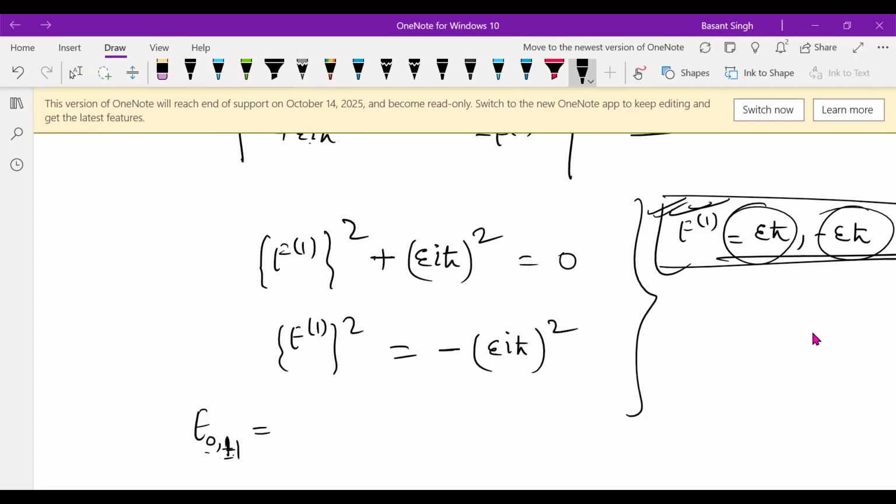This in the unperturbed state gives energy 2 h-bar omega.